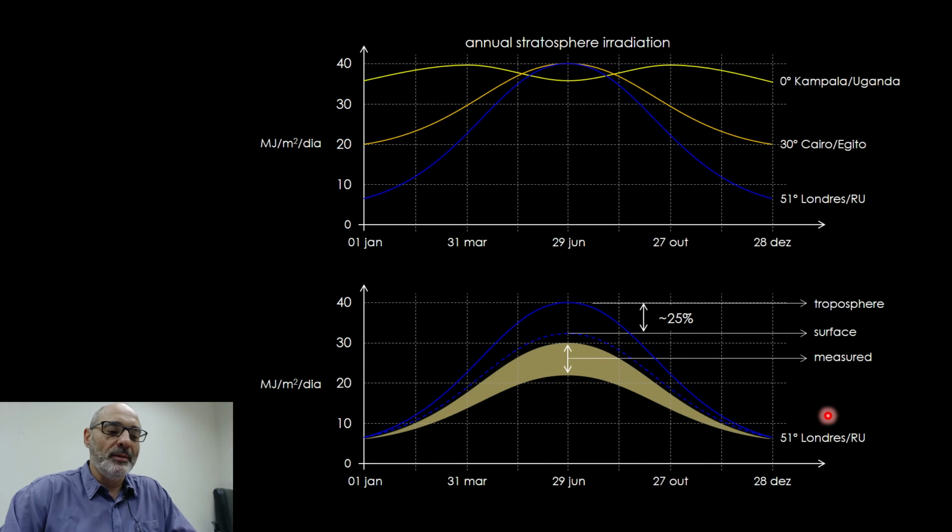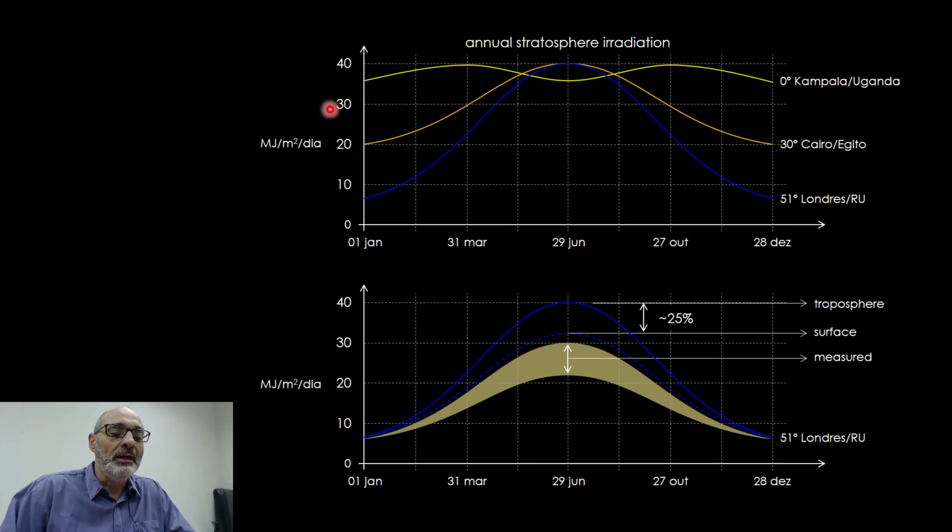Let's start looking at some numbers important for our power plant's design, and we're going to calculate these curves in a few moments. This is the amount of energy arriving on top of the atmosphere during the days of the year for different latitudes, in megajoules per square meter per day.